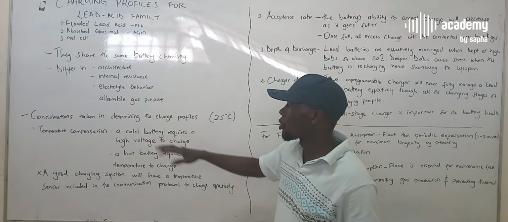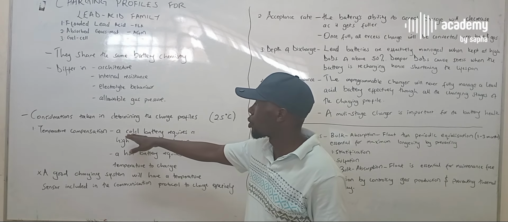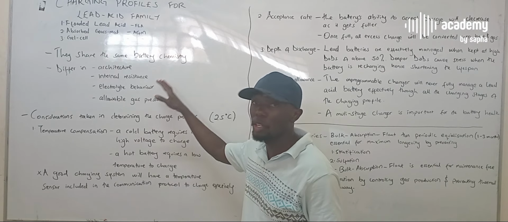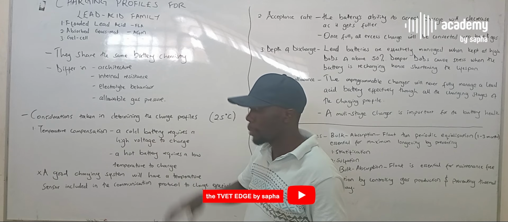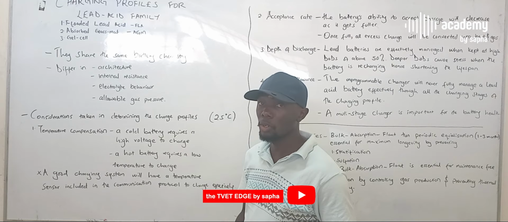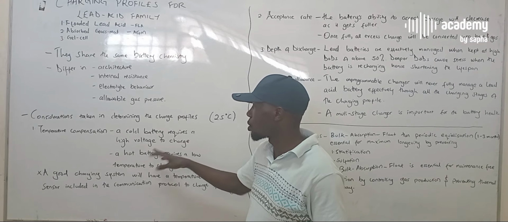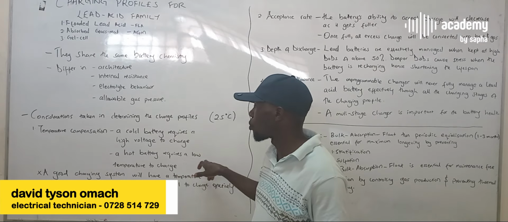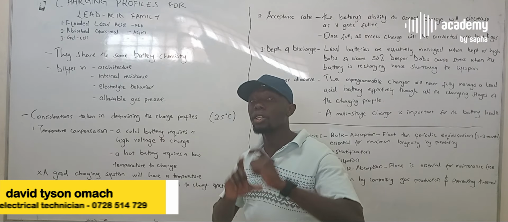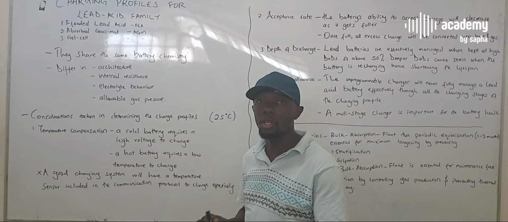Temperature compensation ensures that we design our charging profile in such a way that when the temperature is cold, it will also affect the battery's internal temperature, so that will require a high voltage to charge. And when the temperature is high, it will also raise the battery's internal temperature, and so the battery will require a low voltage to charge, irrespective of the stage, even if it's the bulk, the absorption, or the float stage.